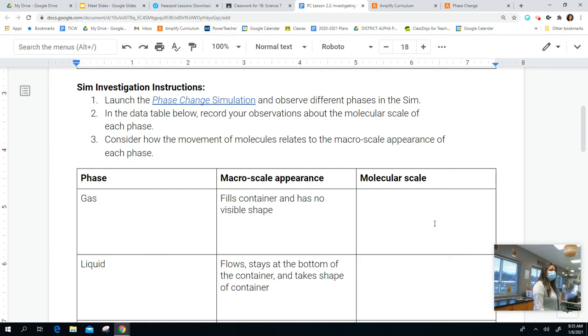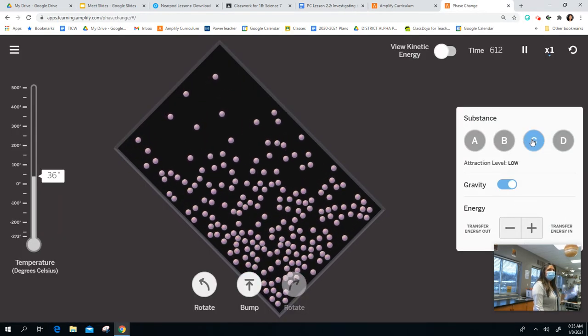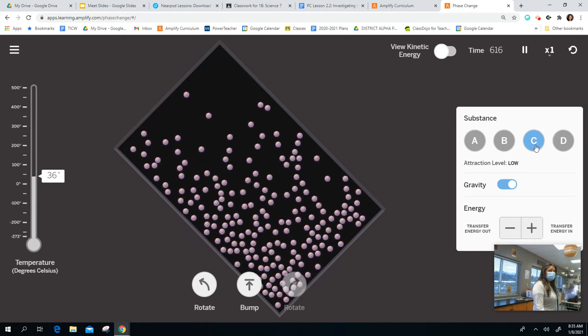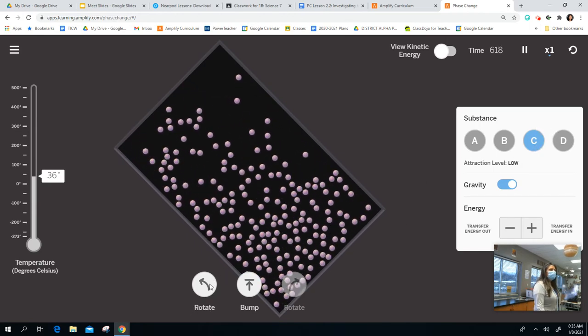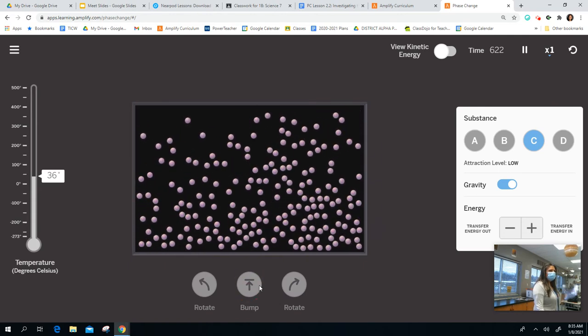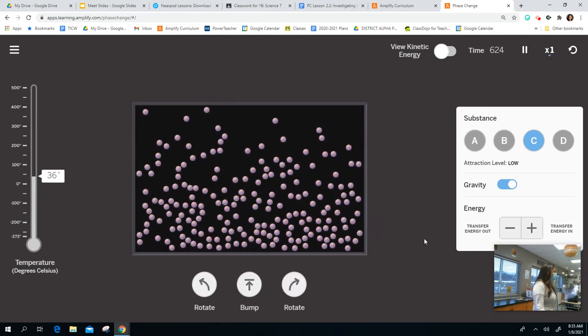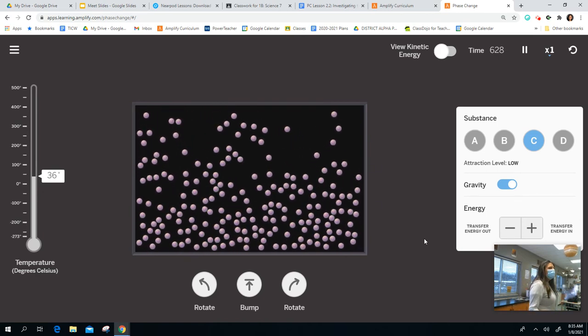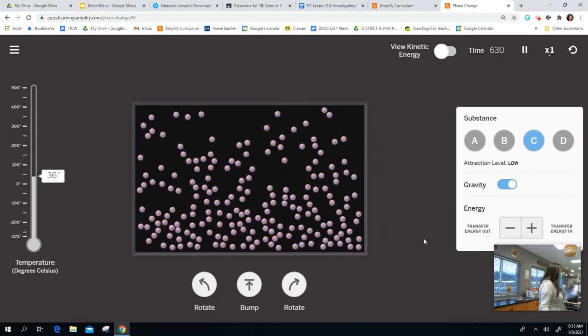So for the molecular scale, we want to use the sim. Here's my sim. And we want to have it on gas, which is C. Remember, C is the gas. And we want to rotate it, and we want to bump it, and we want to move those molecules all around. And on your document, you're going to describe how those molecules are moving.